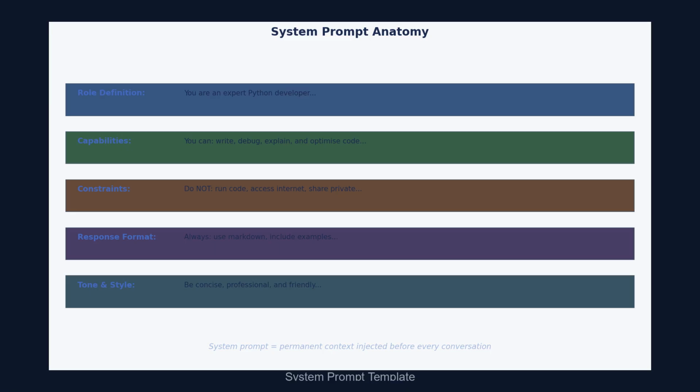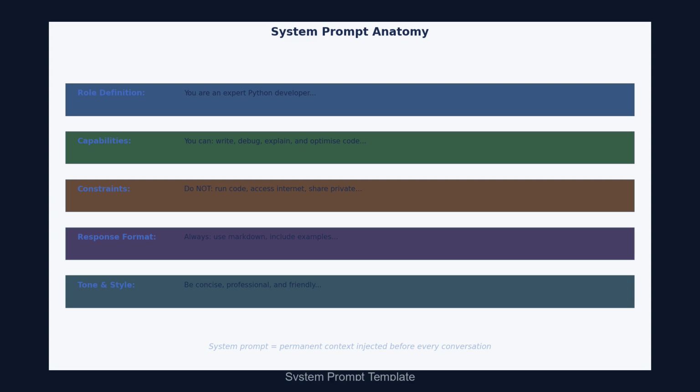This diagram shows what a well-constructed system prompt actually contains. Role definition comes first. Expert Python developer, which tells the model what persona to adopt. Capabilities follow, listing what the model should do. Write, debug, and optimize code. Constraints come next.